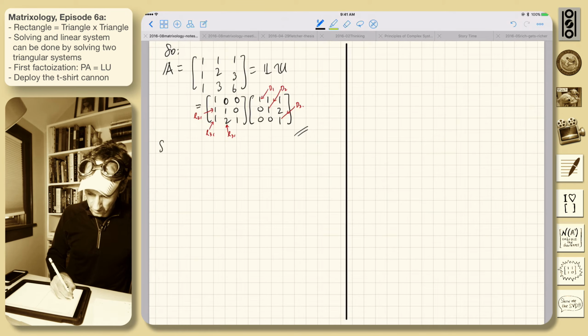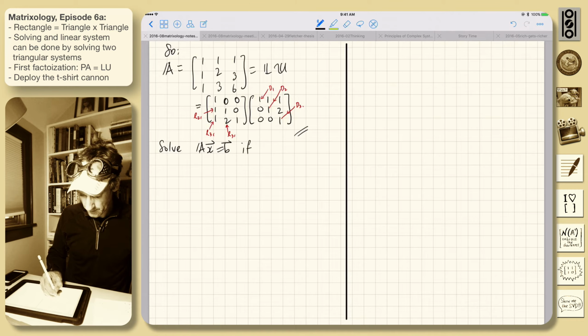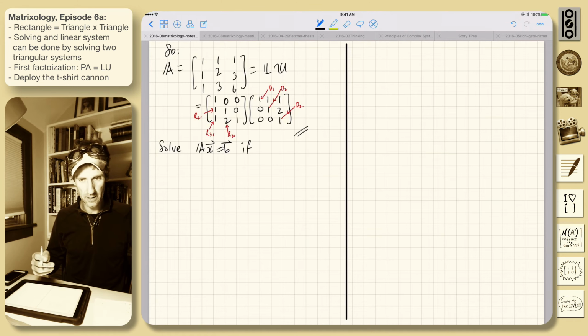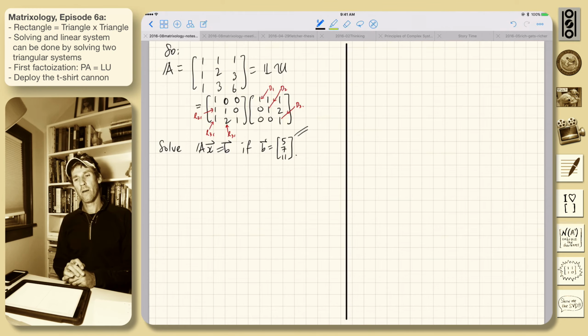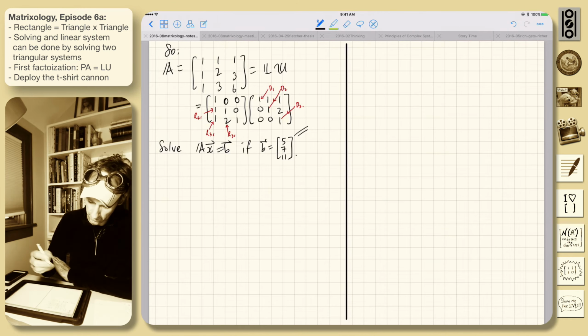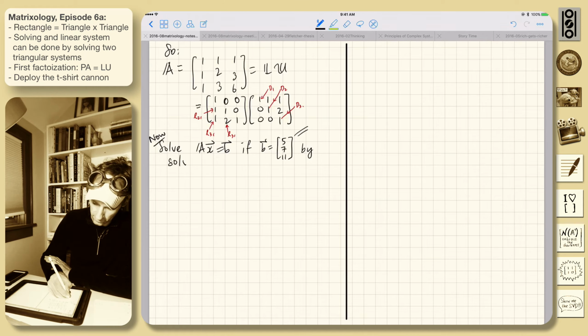So let's solve Ax equals b for the case that we had, where b is 5, 7, 11. We haven't touched b yet. So now we solve this by solving two triangular systems.